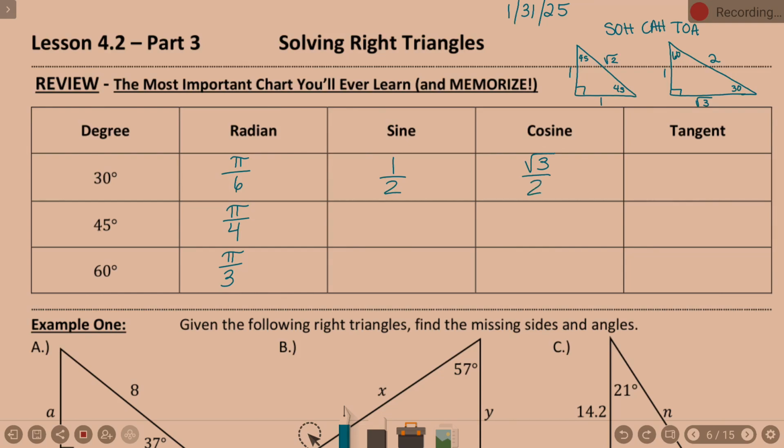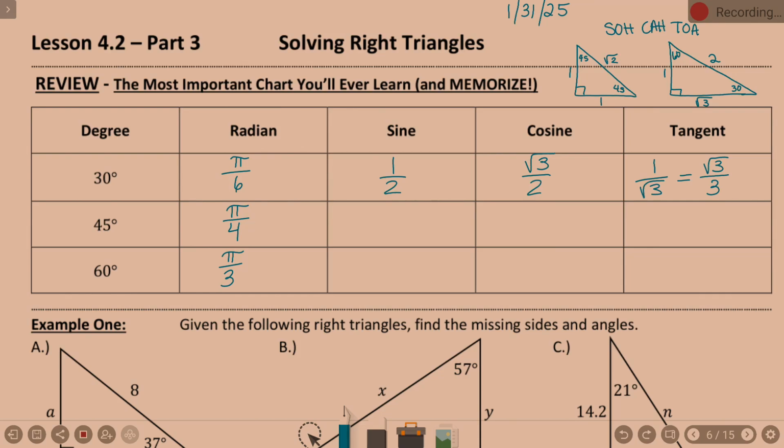Tangent of 30? Opposite over adjacent, so it starts off as 1 over square root of 3. It's good to know that one, but you also need to know when you rationalize that, it's square root of 3 over 3, because when we multiply top and bottom by square root of 3, it becomes square root of 3 over 3.